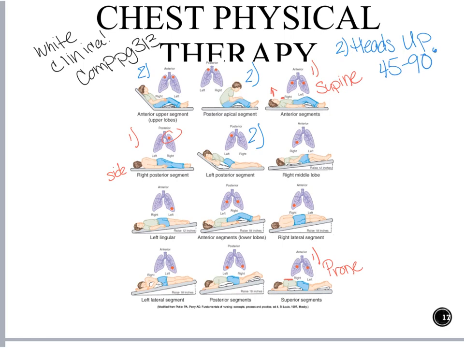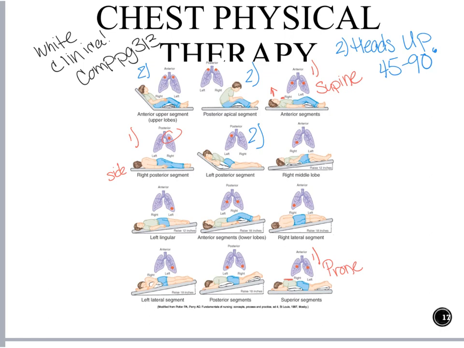So if you have your patient up and they are prone, like this patient here, this is going to drain the posterior parts of the lungs. If your patient is facing forward or supine, it's going to drain the anterior portion of those lungs. In order to get the apices of the lungs here, they're going to be posterior and they're not going to be supine or prone. It's sitting more straight up and hunched forward just a bit.